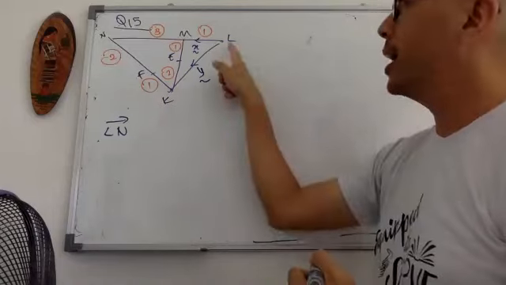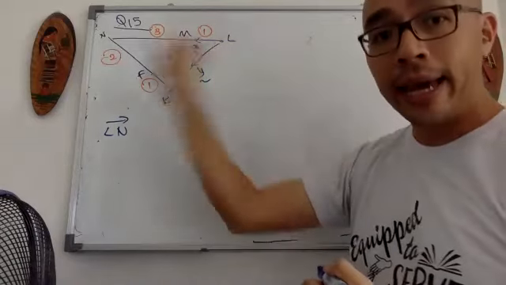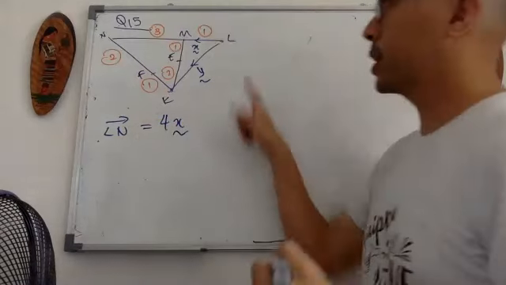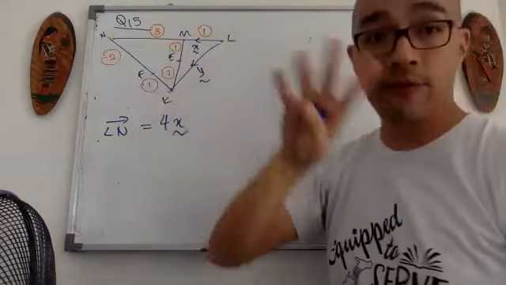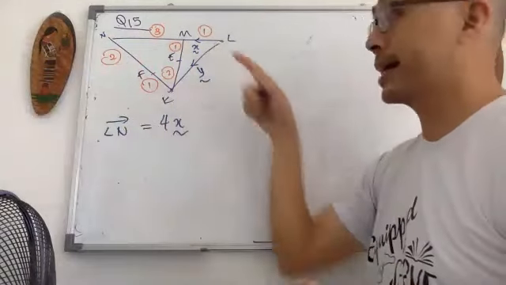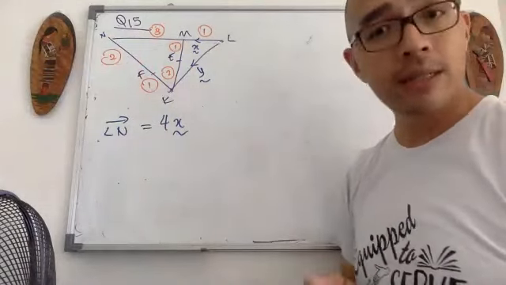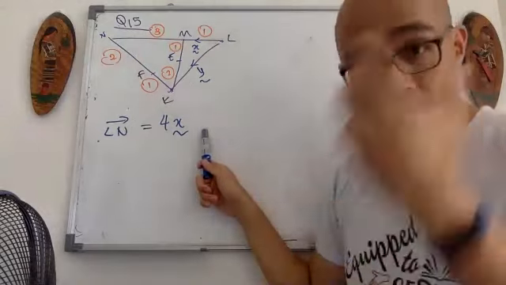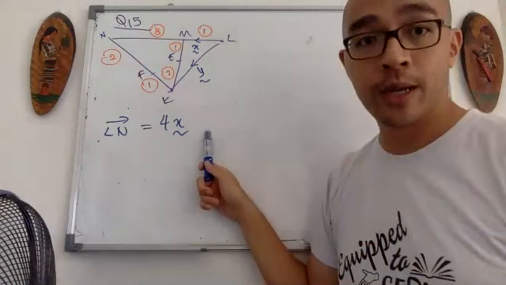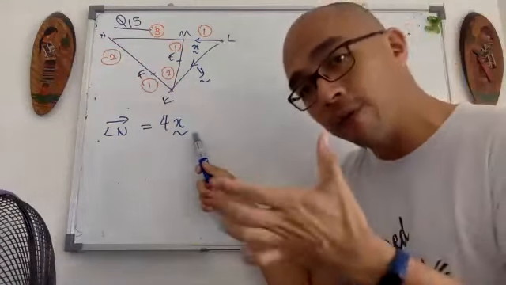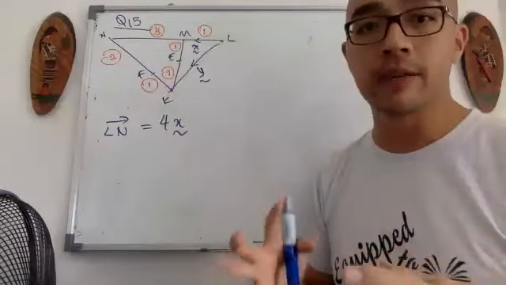LN is 4 vector X, because from L to N is 4 parts altogether, 4 vectors. This is a very important piece of information that you need to dig out before you start answering any question. When you dig out all this information first, it helps you put the pieces of the puzzle together.